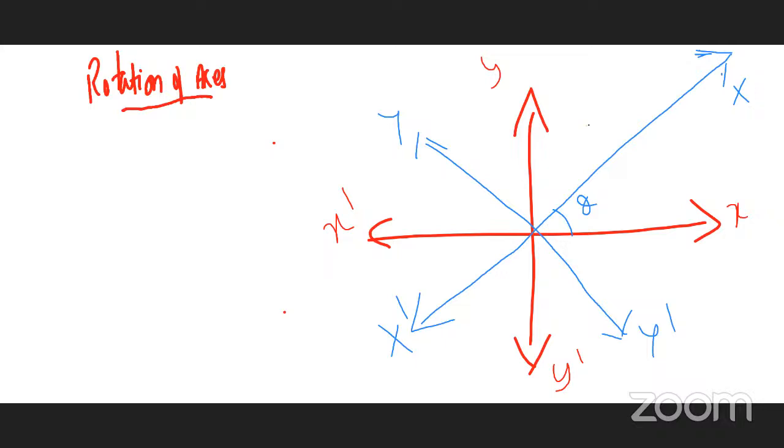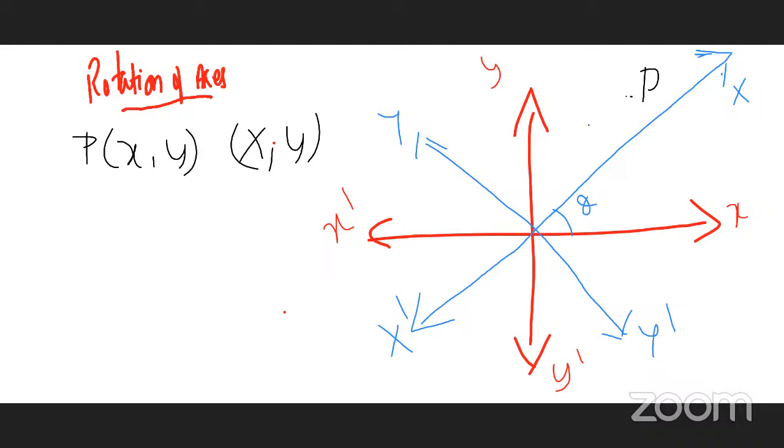So the coordinate of point P in the new axes is capital X comma Y. In the original axes it is small x comma y.